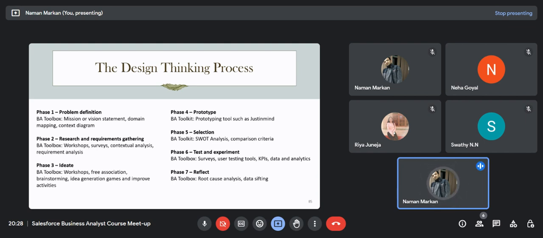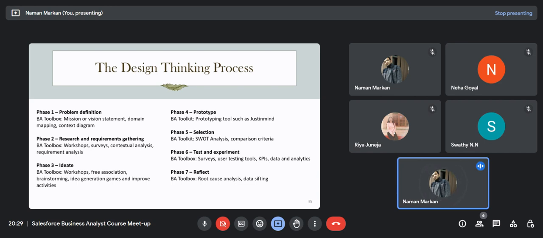Remember, whatever we have discussed so far, the research part, the requirement gathering part, is all in this phase, which is right in the ideate phase. So all ideas are valid, particularly right till now. Whatever ideas you come up with, or the customer comes up with, or the team comes up with, all are valid.